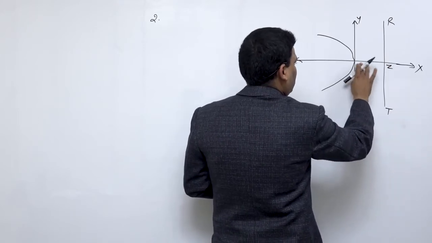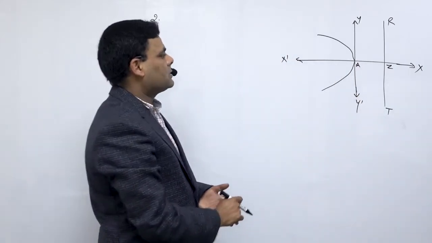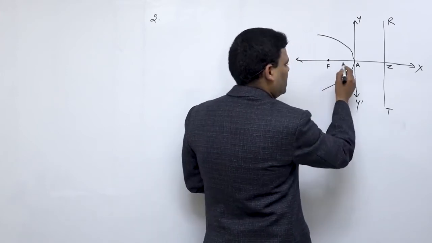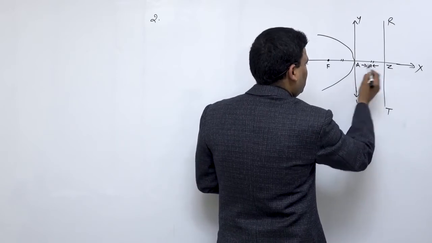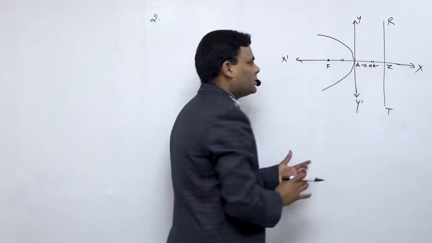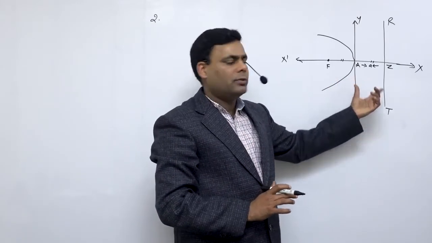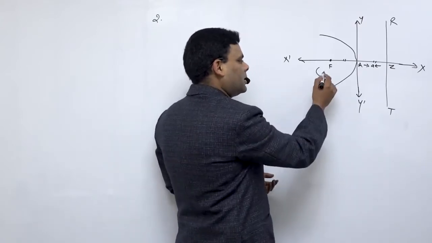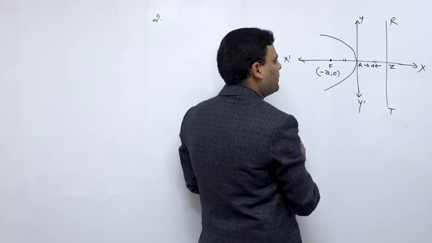This is the point Z. Let A be the vertex and F be the focus. In this case, this distance equals to this distance, and suppose AZ equals AF equals a, as we supposed in the previous case also. Then what will be the focus? In this case, the focus will be minus a comma 0.